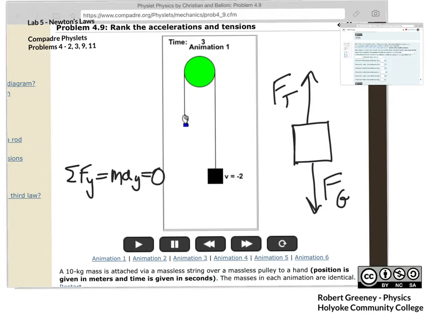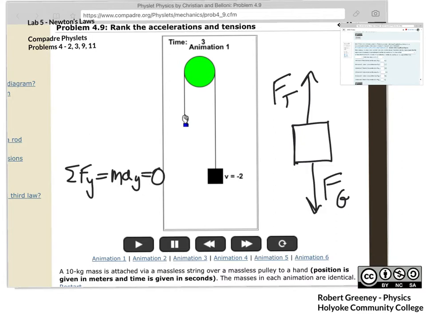So the two forces have to be equal and opposite. And so the tension in the string, or the force with which the hand is exerting on the string, has to be 98 newtons.